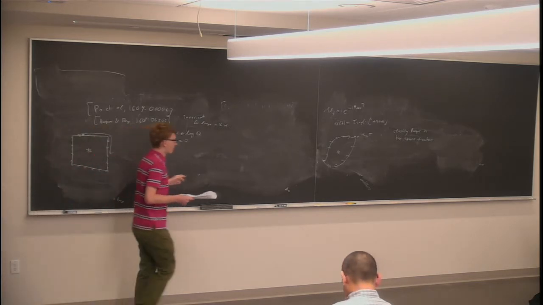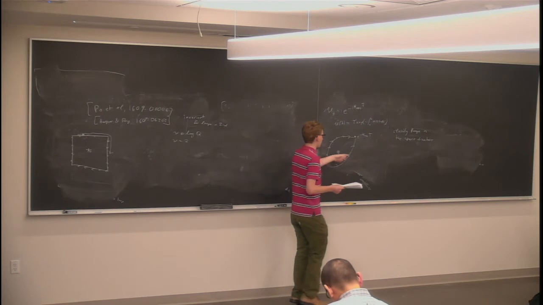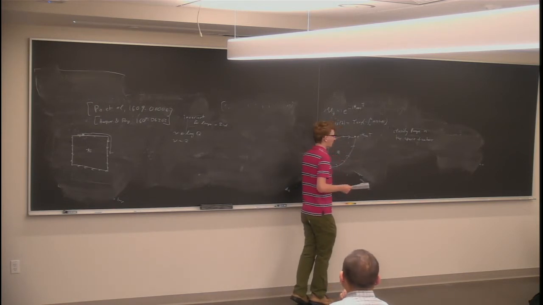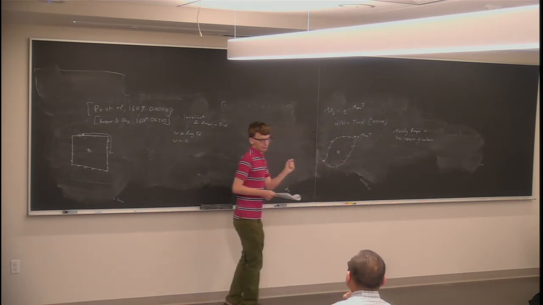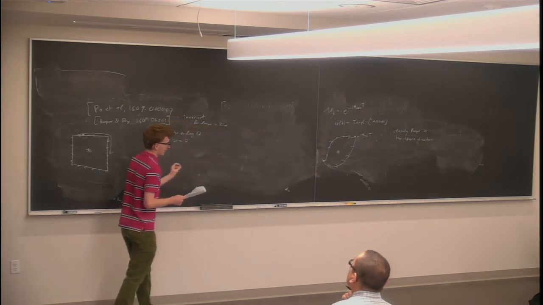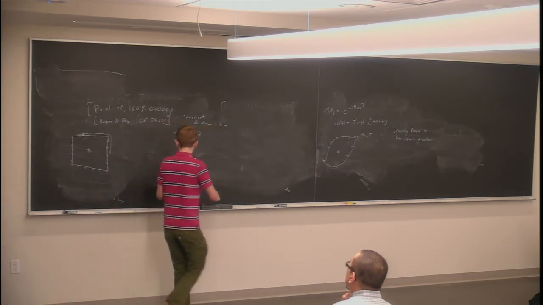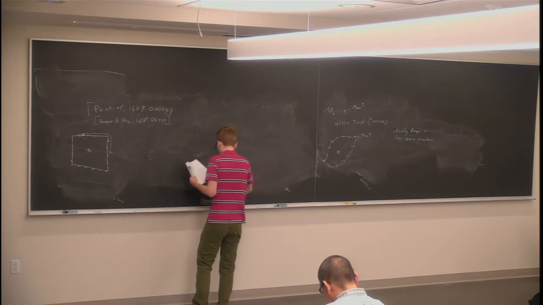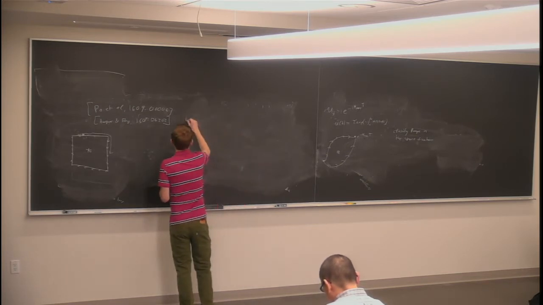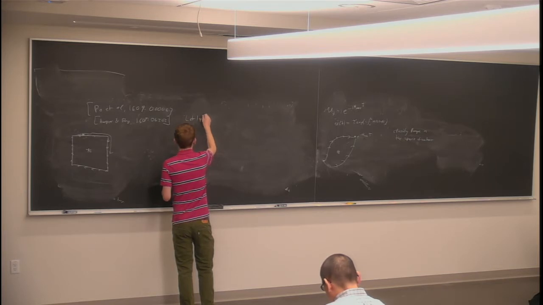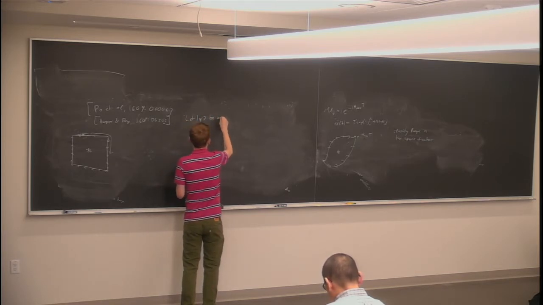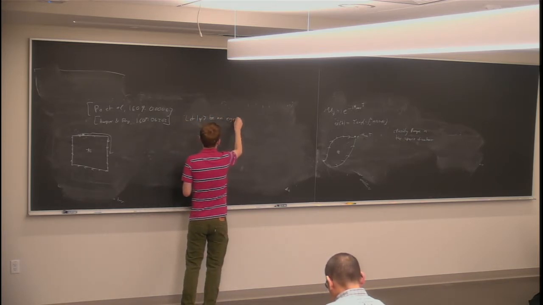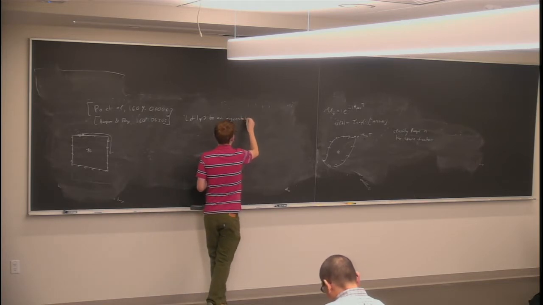Alright, so the simplification I want to make is, rather than talking about loops in the space of unitaries, I want to talk about loops in the space of states. Loops in the space of states are much easier to understand, it turns out. So consider some eigenstate of the Floquet evolution operator.